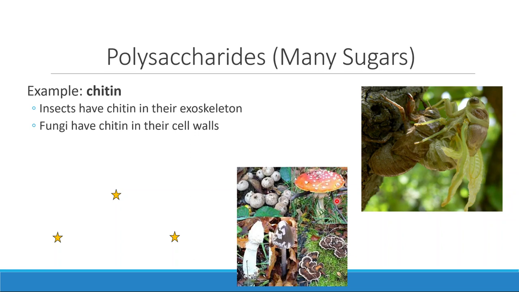We as humans don't naturally have chitin in our body, so we can actually use chitin as a target for antifungal medication. It won't affect your cells, it'll only affect the type of cells that have it, which are the fungus that's giving you an infection.